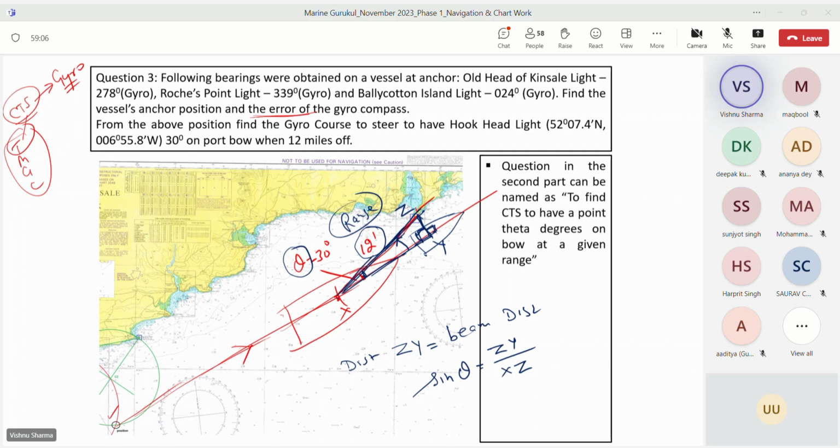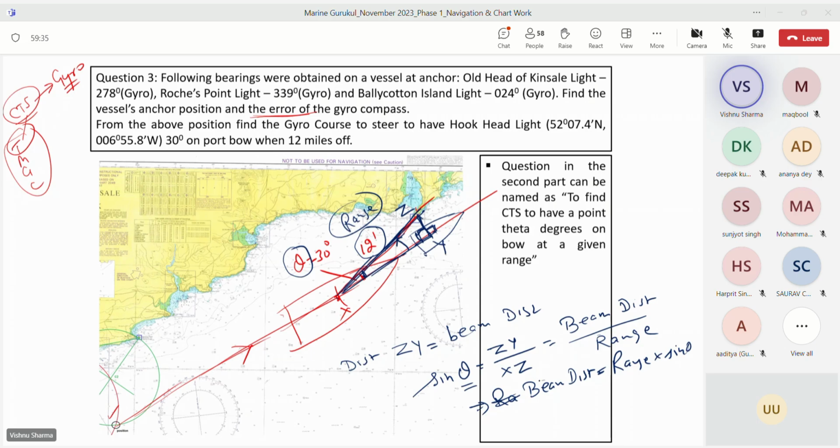And what is ZY? You just told me that is the beam distance. And what is XZ? XZ is the range, 12 miles in this example, and theta in this question is 30 degrees. So what do we get? Beam distance is equal to range times sine theta.